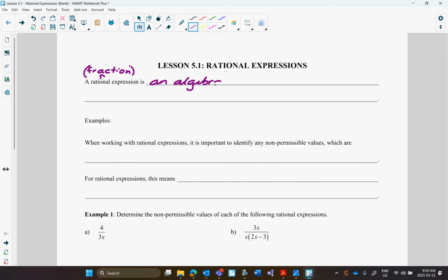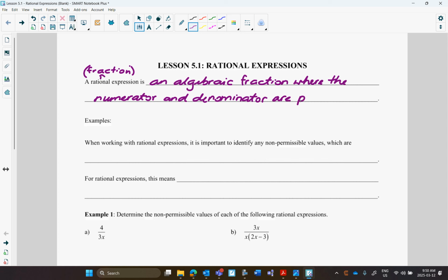I'm not going to deal with numerical ones. Where the numerator and denominator are polynomials.